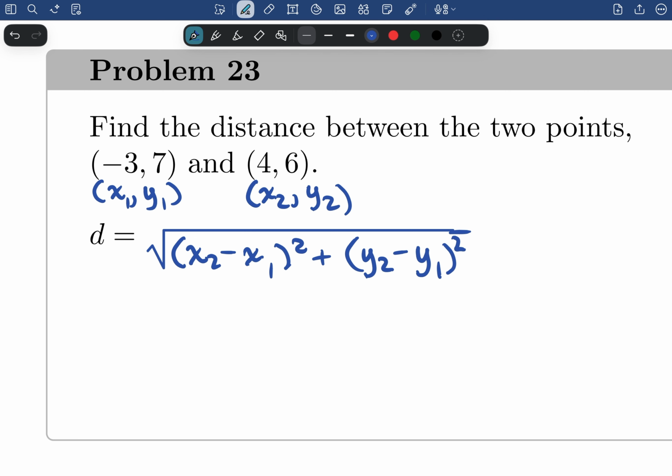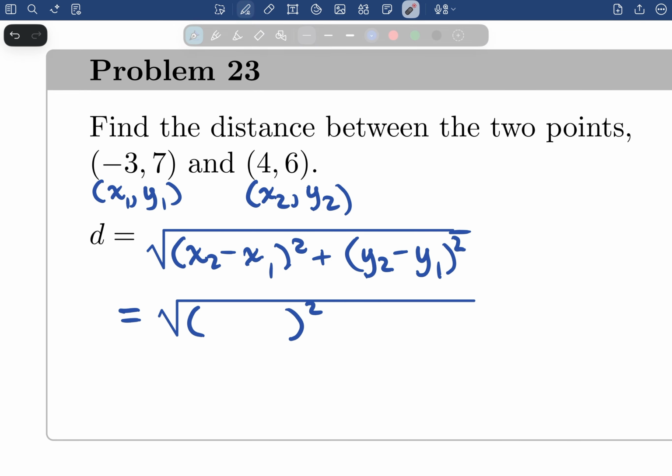Okay, now we're going to input the actual values. So the square root of the difference of the x's. Now, the difference of the x values, I'm going to take x2 and subtract x1, so that's 4 minus negative 3.